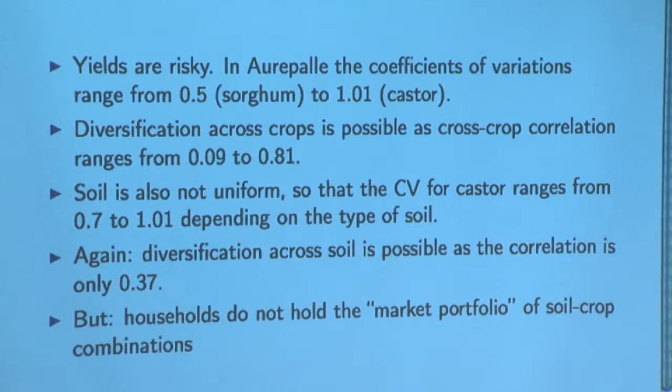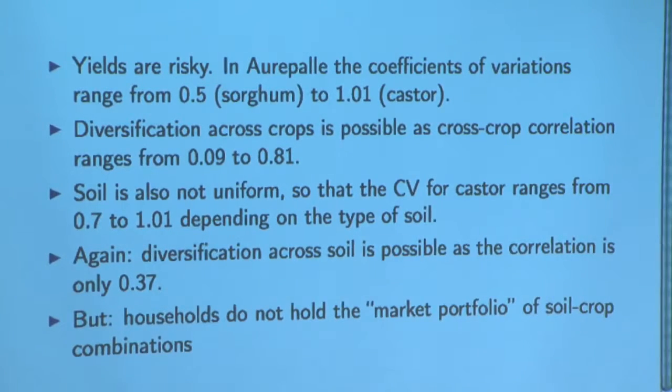In Aurepalle, they're growing castor and sorghum. Each crop is quite risky if you look at the coefficient of variation. Those numbers are comparable to something I did in medieval England, where roughly every 12, 13 years they would experience a famine.